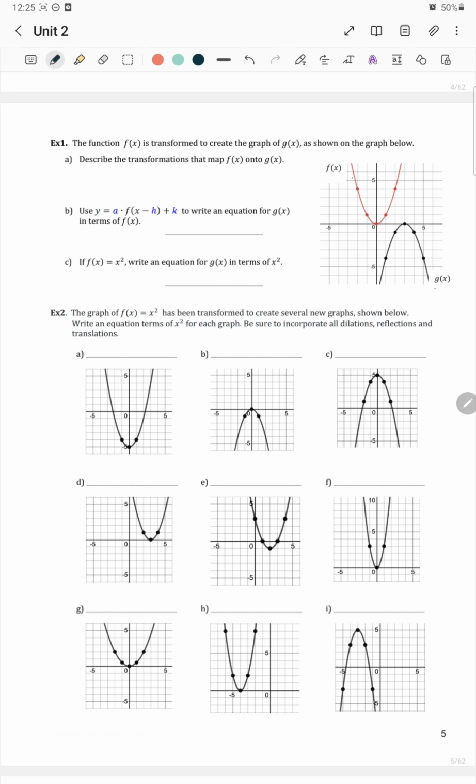Describe the transformation that maps f of x to g of x. So what's happening here? It's reflecting over the x-axis.